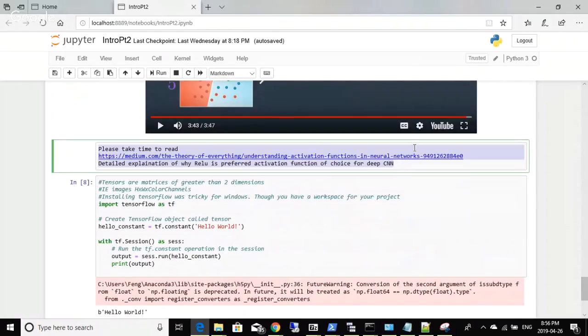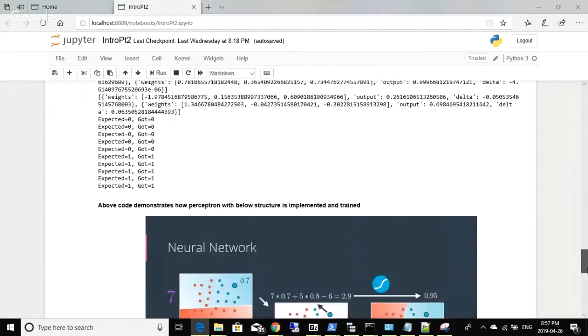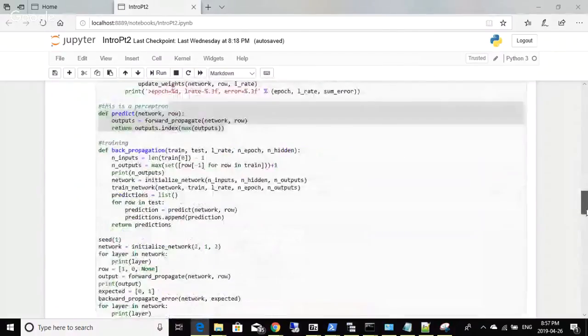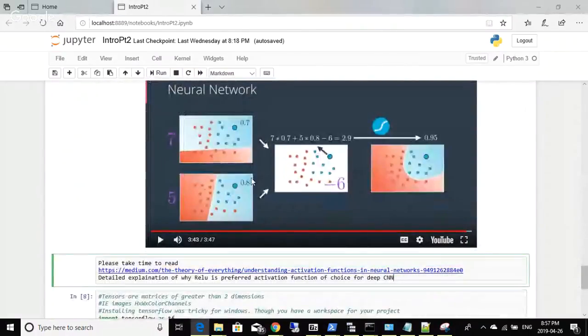This article briefly explains why ReLU is a preferred activation function choice for deep convolutional neural networks. One of the reasons is that sigmoid is a very dense activation, because it's going to try to activate every neuron.